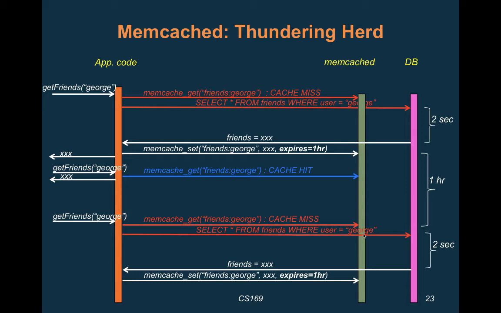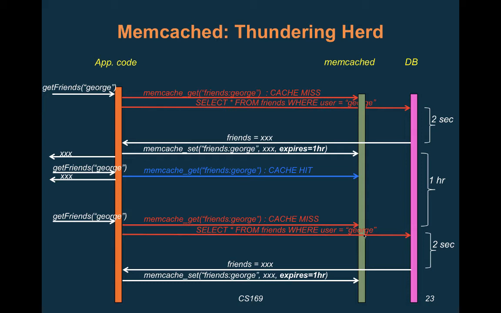So when you put it in the cache, and this is a change compared to the previous slide, you add this expires parameter. This is a very important feature of Memcached. You can tell it, stick this in the cache, but 1 hour from now, just delete it silently without me having to tell you. This is good because you know that 1 hour later, when somebody comes, it's going to miss in the cache.